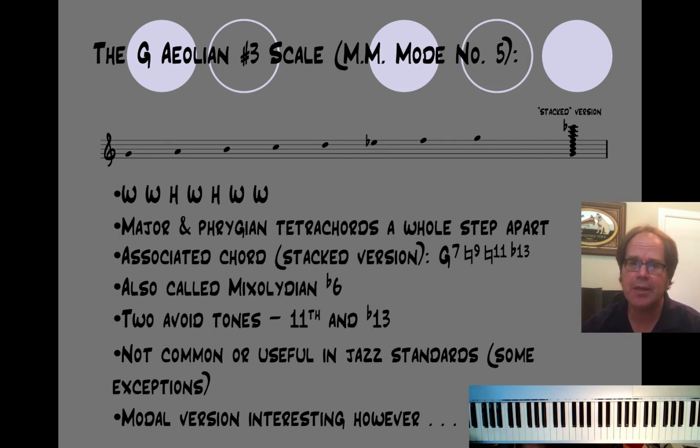So, to me, this is not the most useful chord scale. That being said, people play this chord scale a lot. It's actually not a bad chord scale to have in your repertoire. But it's not one we're going to look at in this particular class. So just put it on the back burner.